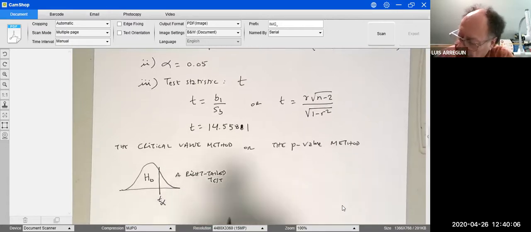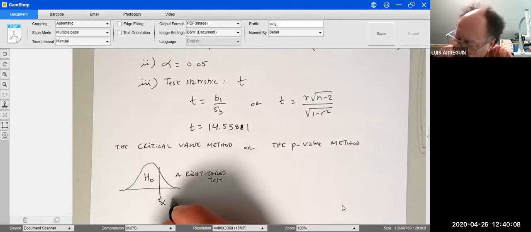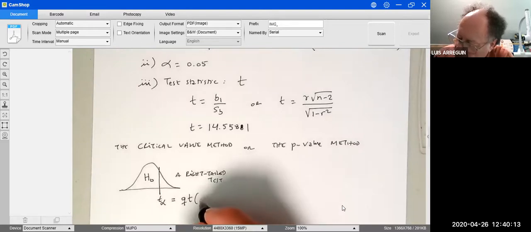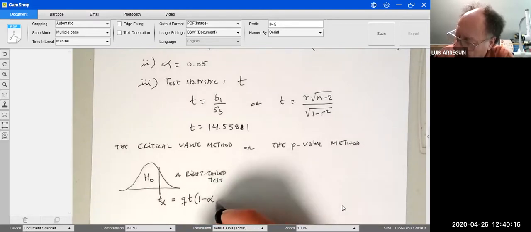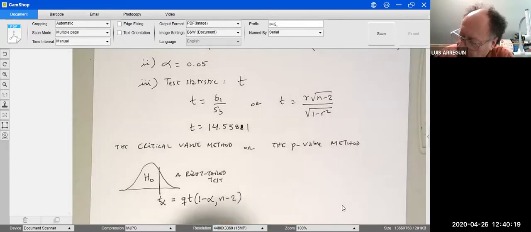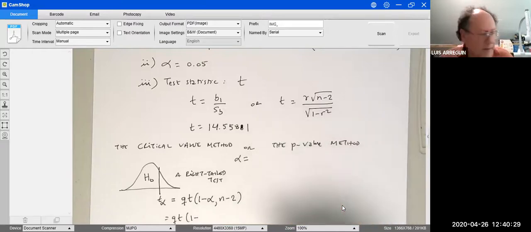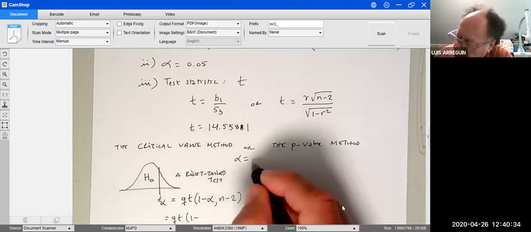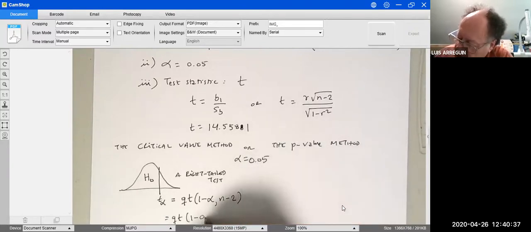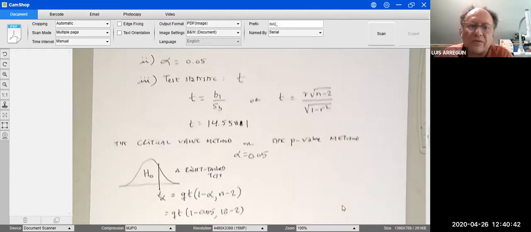So let's find t alpha. T alpha is going to be just qt of 1 minus alpha and degrees of freedom. So in our case it is qt of 1 minus 0.05, and n is 18 minus 2 degrees of freedom.